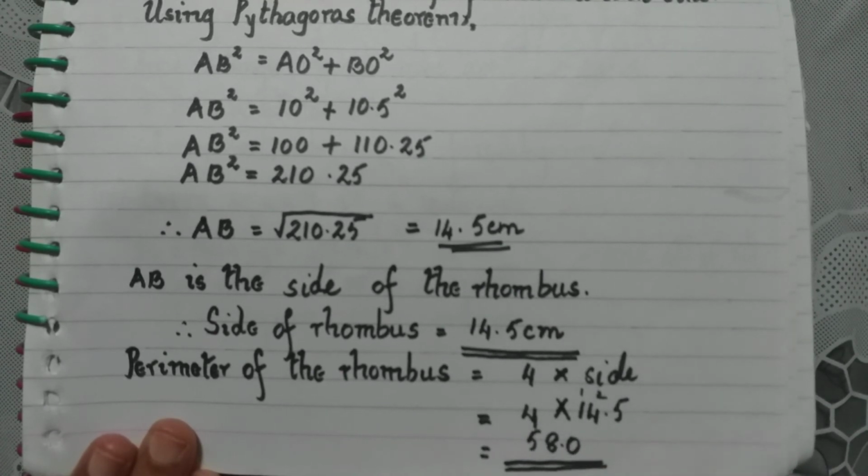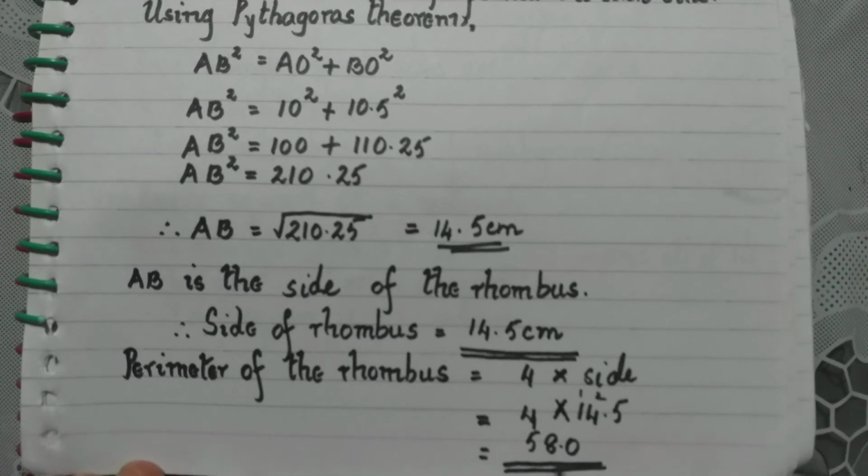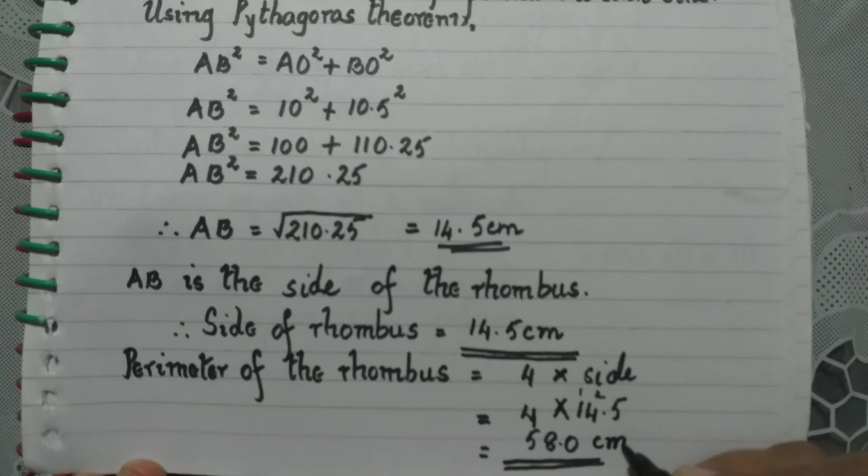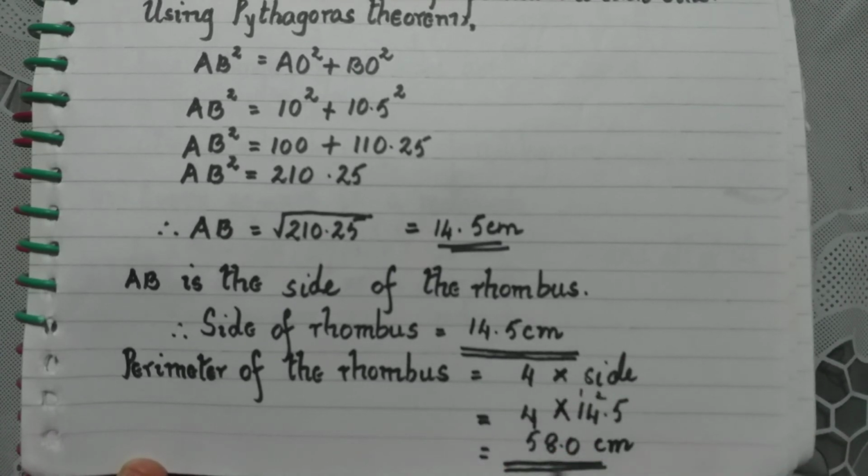So 58.0. What will be the units here? It will be centimeter. Why not square centimeter? We are just adding all the lengths of the sides. Therefore, it will be in centimeter. So, the perimeter of the rhombus is 58 centimeter.